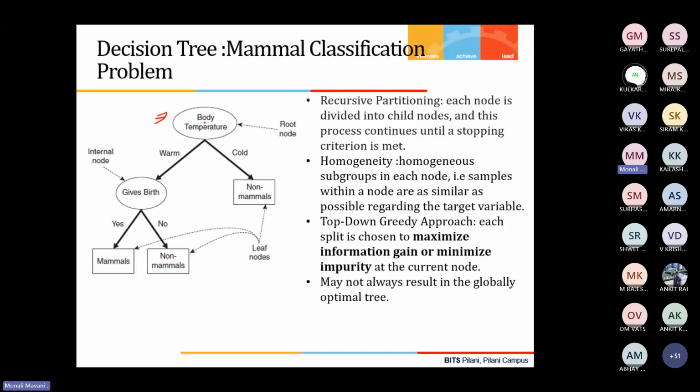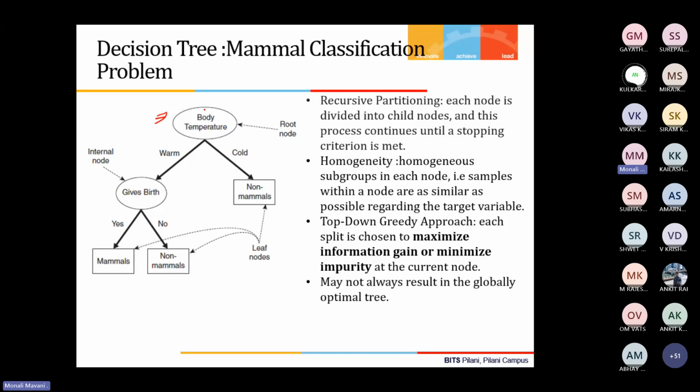You can take another attribute also. The feature selection at each node, we will see; there is a theory behind it. Right now, I'm only explaining the interpretability of a decision tree, so that you can understand how to interpret a decision tree. Then we will discuss how to draw the decision tree.